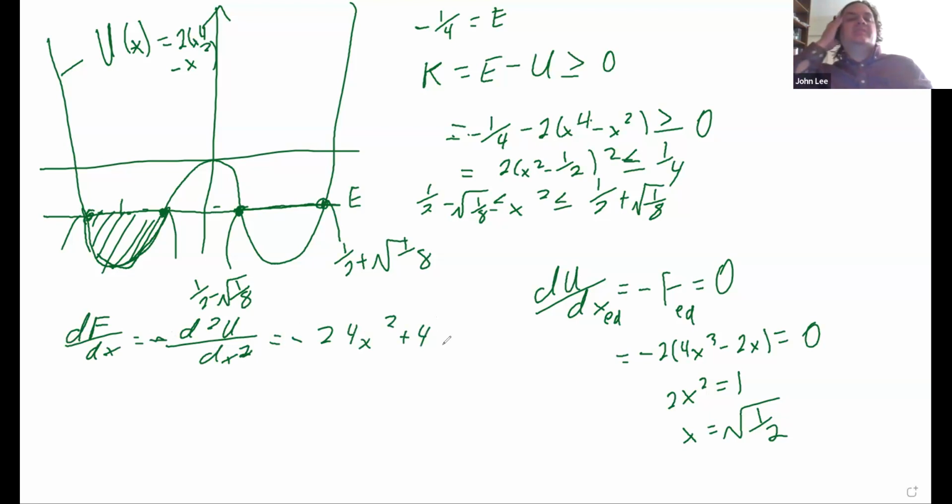So what we want to do is, if the second derivative is negative, then that means that dF/dx is positive. Which means that the force is going to increase as x goes out of it.